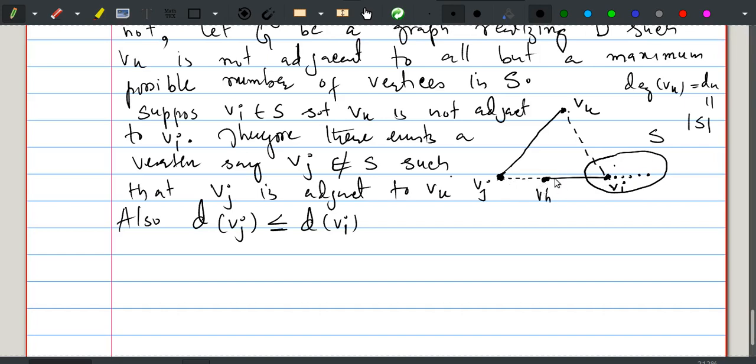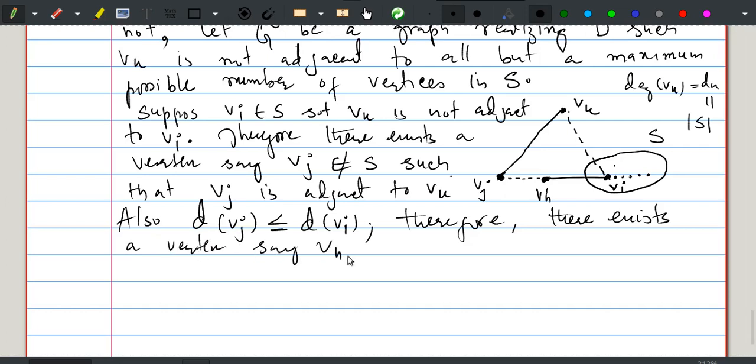Now also this is true, therefore there exists a vertex, say Vh, which is adjacent to Vi but not to Vj.